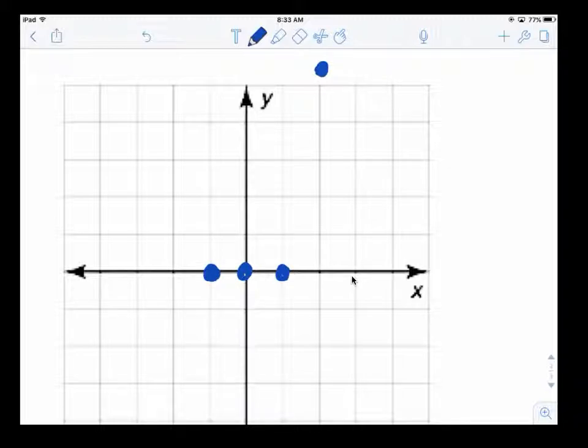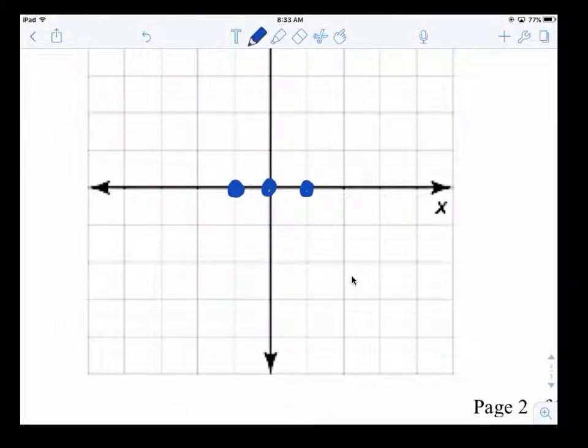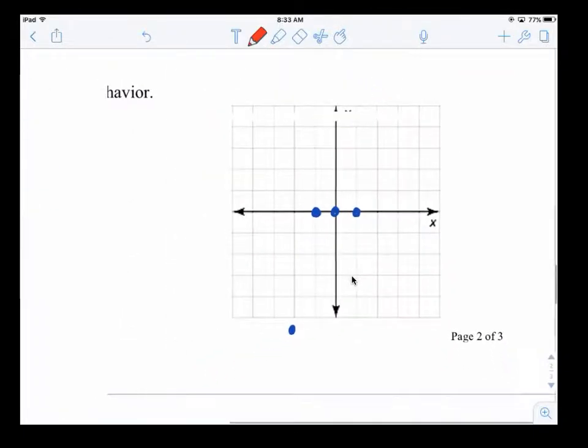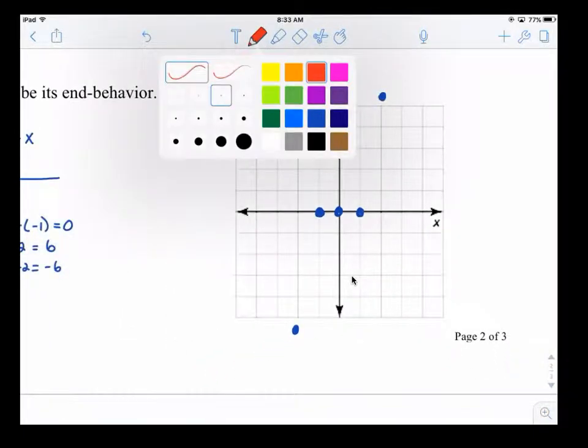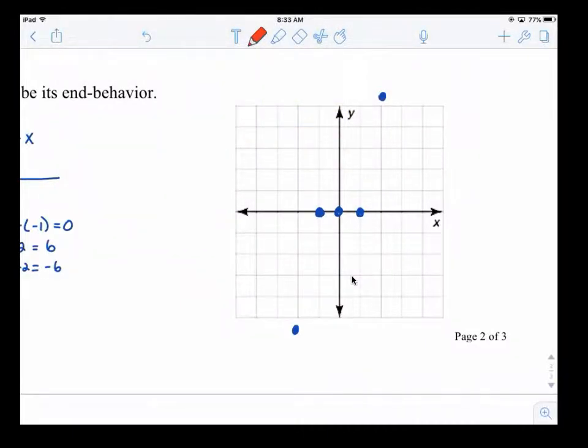Do the best you can. Once you guys have your points, just draw the curve the best that you can.